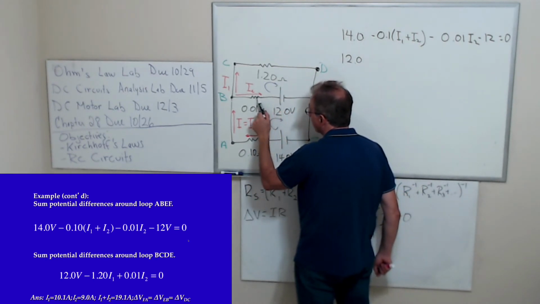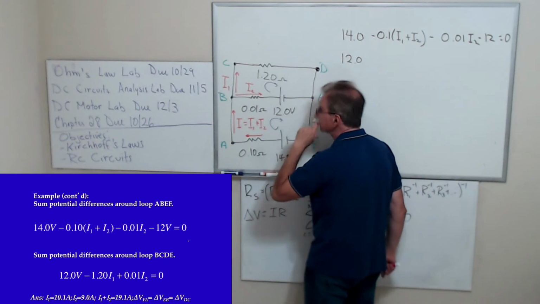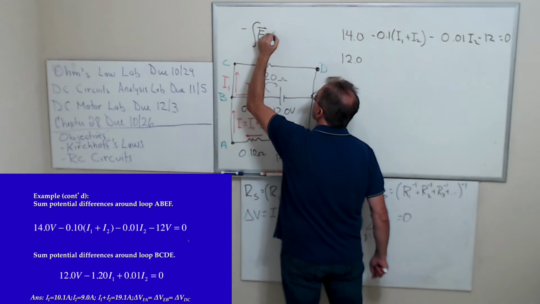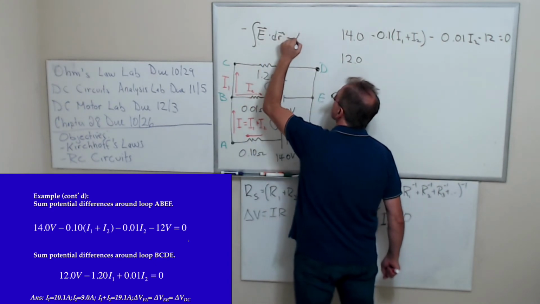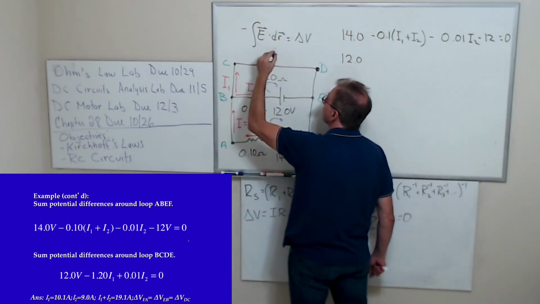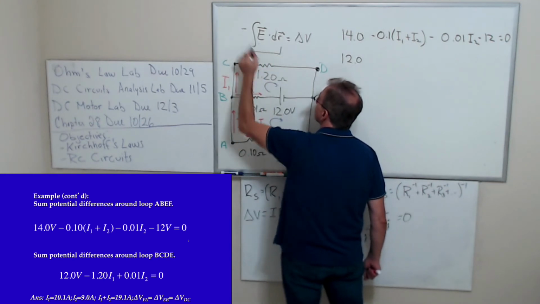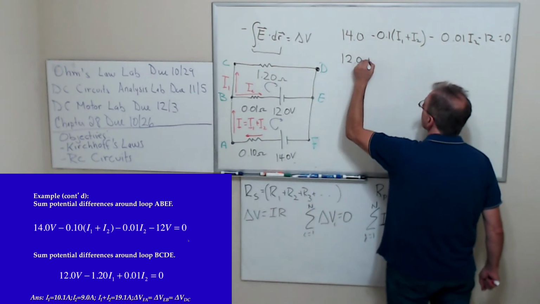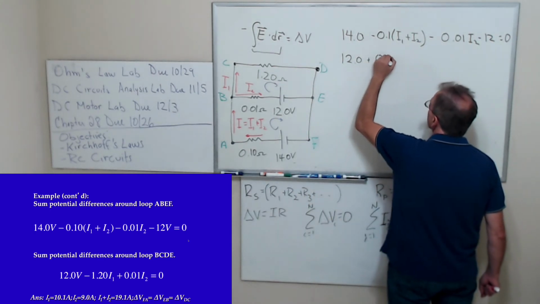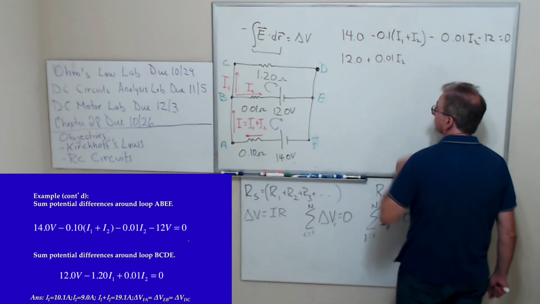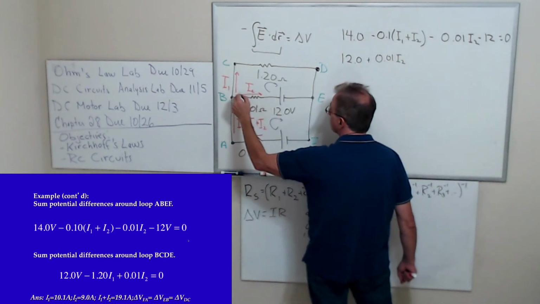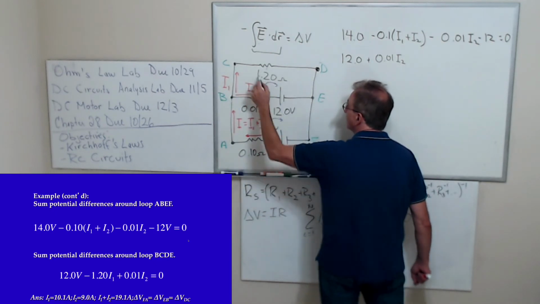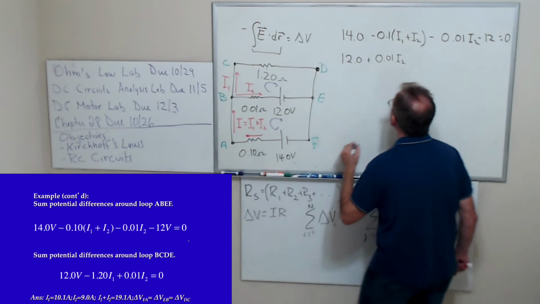I'm summing against the direction of the current. If this is negative, negative times a negative gives me a positive. This gives me a positive number. And then I keep going clockwise and I reach this guy. I'm summing in the same direction as the current.